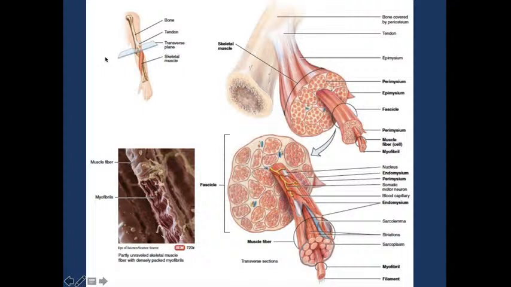from the Tortora book. This is a cut of musculus biceps brachii, or biceps muscle, and you see the tendon here. It is a connection showing how the muscle is attached to the bone, and epimysium or fascia is outside.